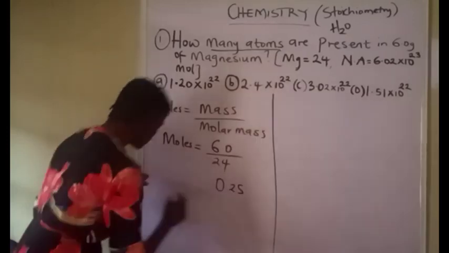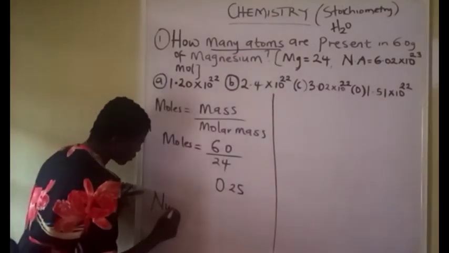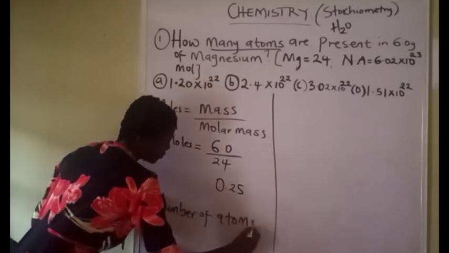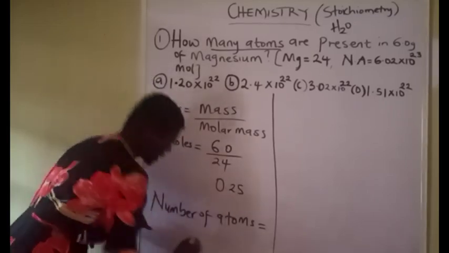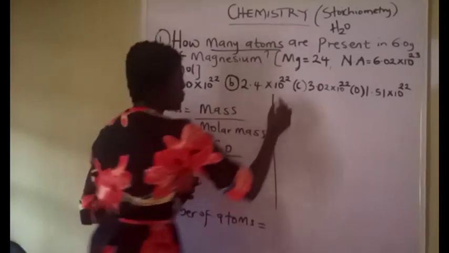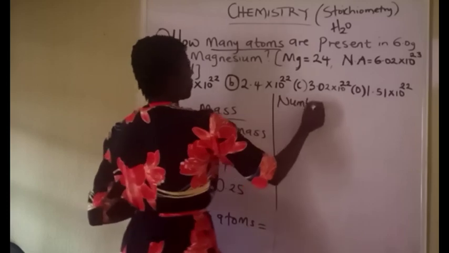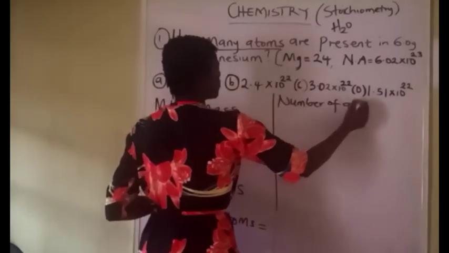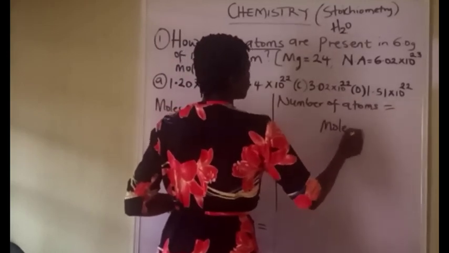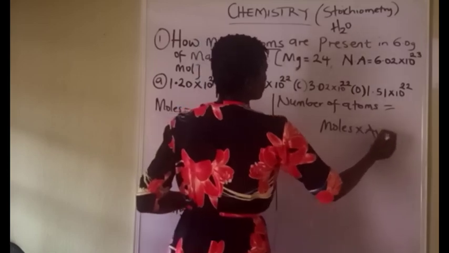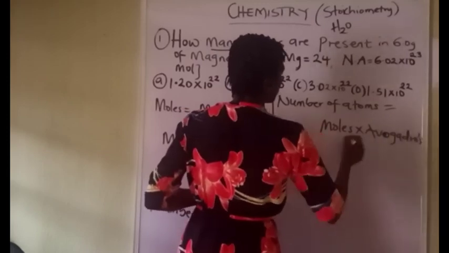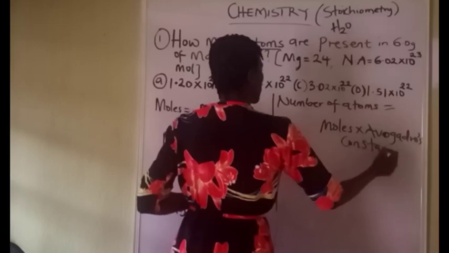The number of atoms is equal to moles times Avogadro's constant.